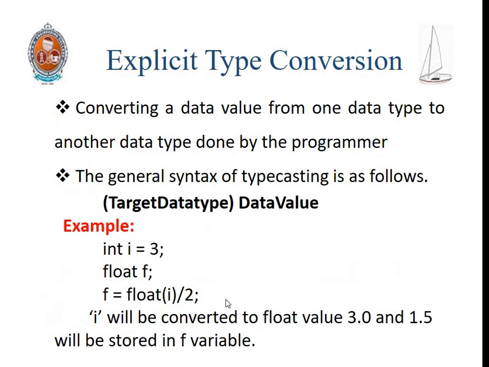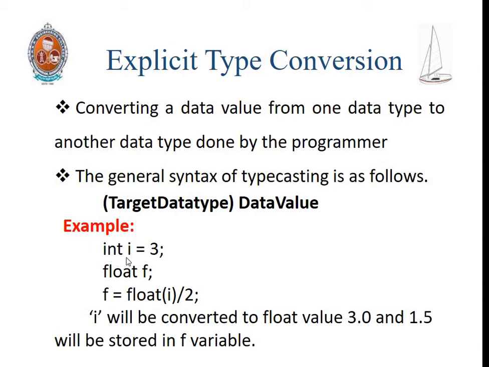Coming to explicit type conversion, when the compiler converts data from one type to another implicitly, there will be data loss, right? So in such cases, we convert the data from one data type to another explicitly. To perform this, we use the unary cast operator, and this is the general syntax: in parentheses the target data type and the data value.